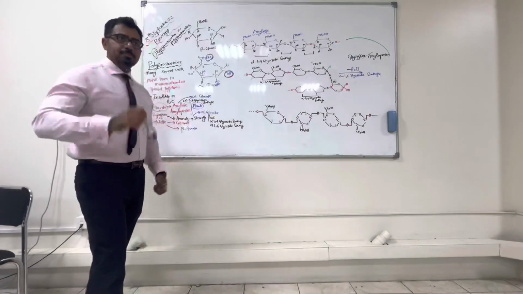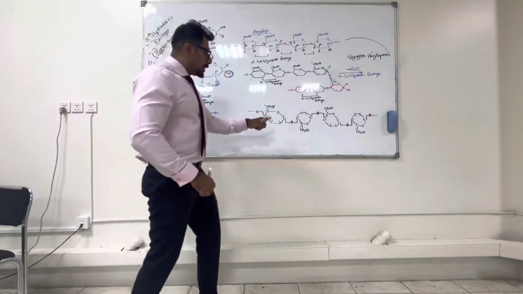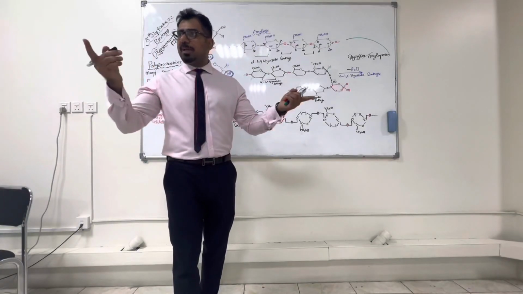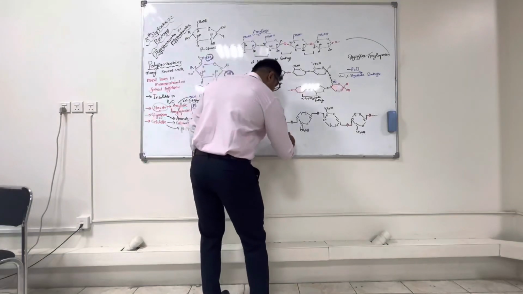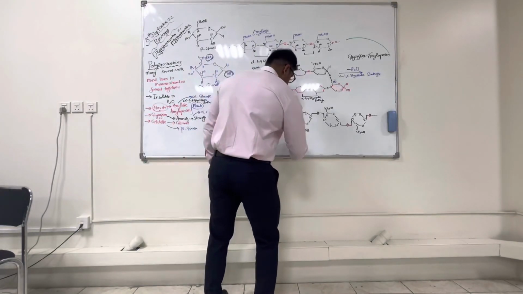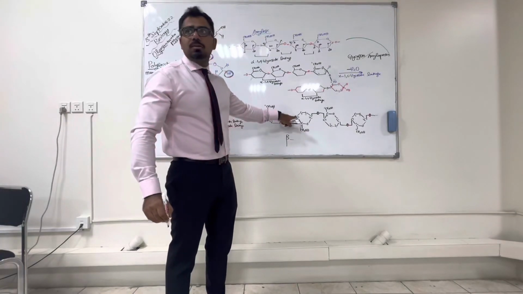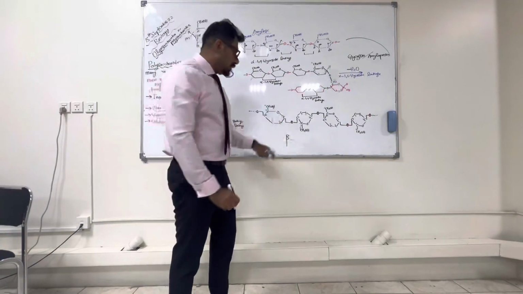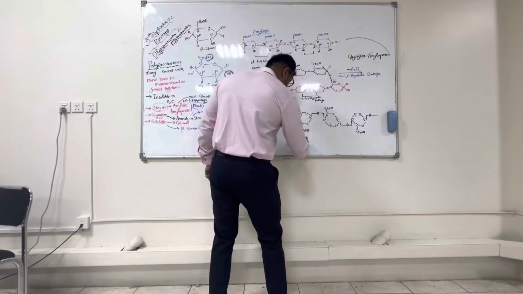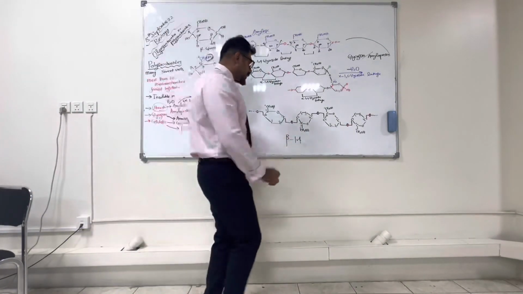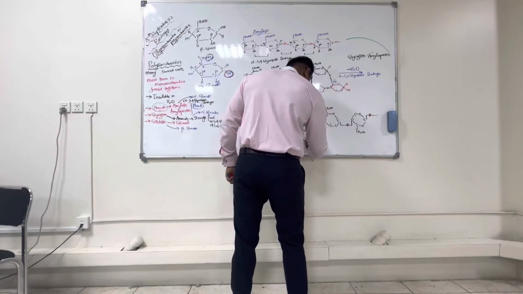Now if you see, these are beta glucose, right? So what we will write? Alpha or beta? We will write beta. The bond is between first carbon and fourth carbon, right? 1, 4. Alright? And what is this? Glycosidic linkage.